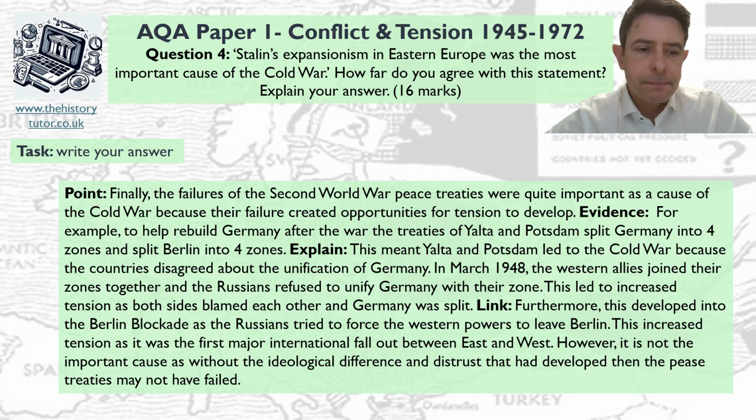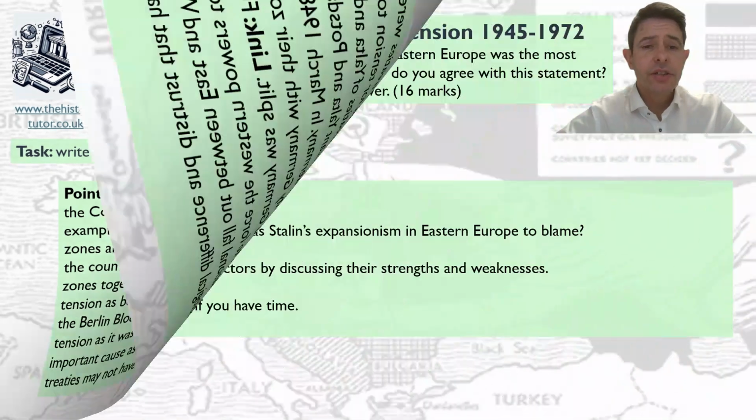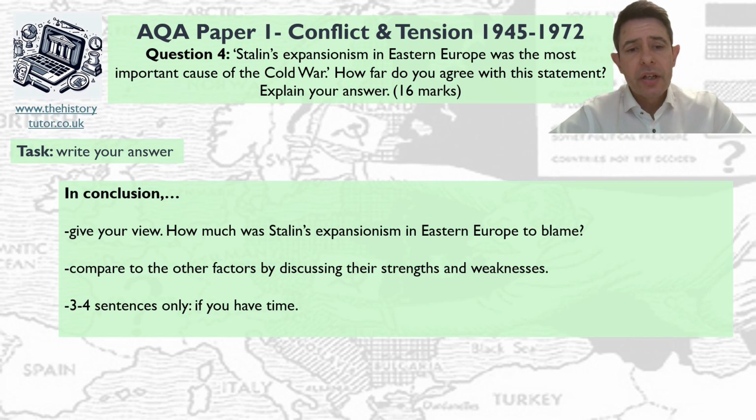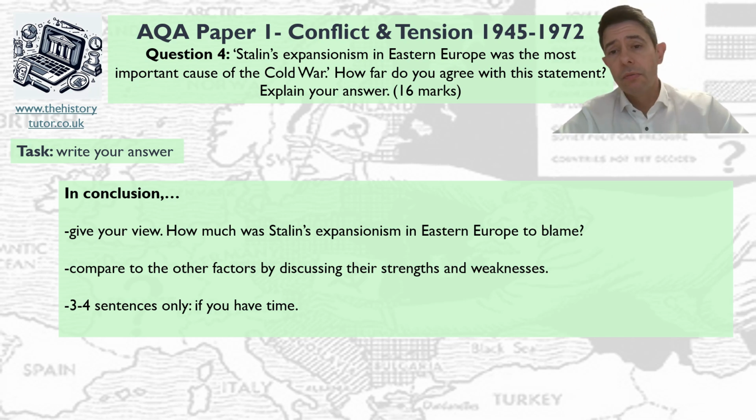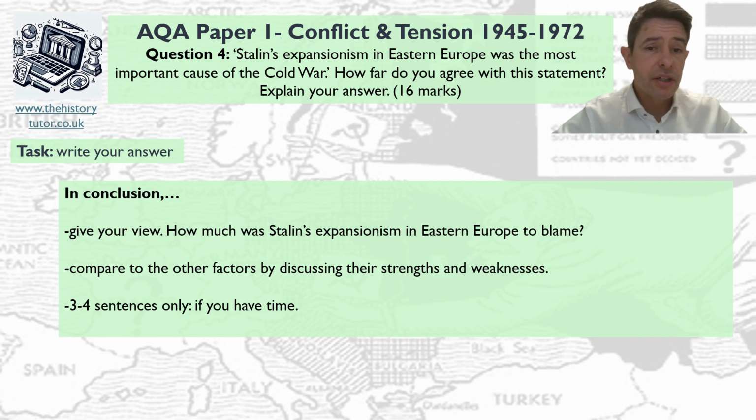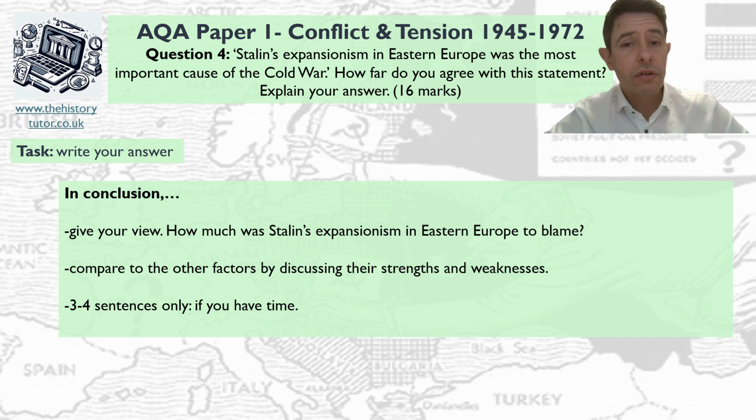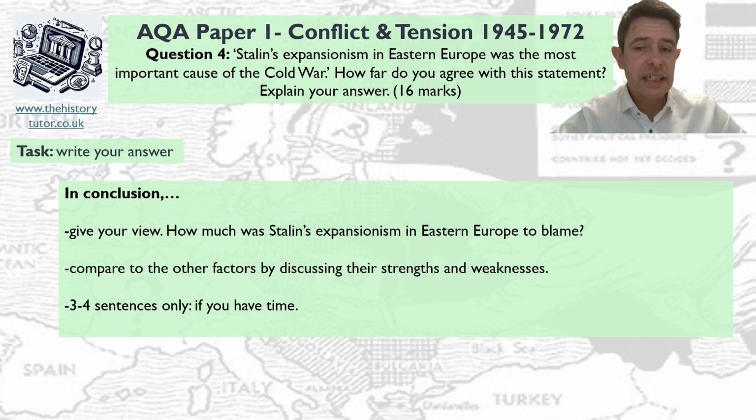So finally, we need to have a conclusion. So you need to give your view on how much Stalin's expansion in Eastern Europe was to blame. So your conclusion should start with, in conclusion, Stalin's expansion was very important, but maybe not the most important cause of the Cold War, because ideological difference was, perhaps, if you want to say that.